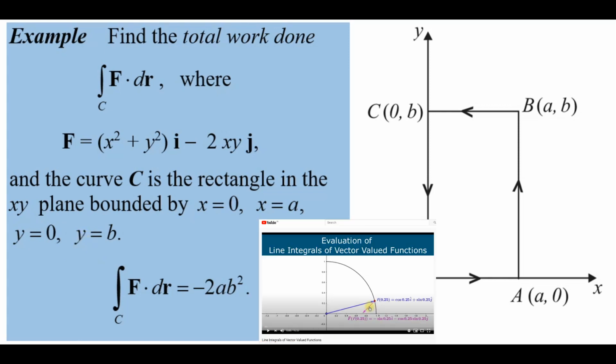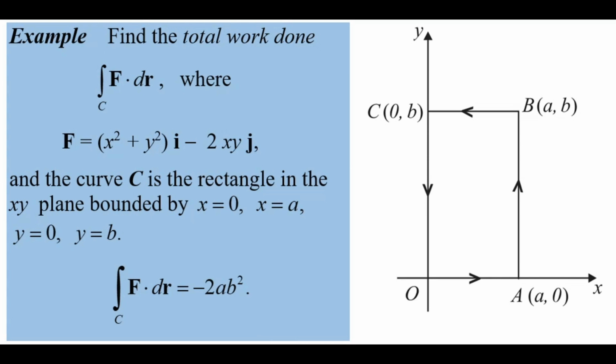In the video, line integrals of vector valued functions, we have seen that the integral over C of F dot dr for the given F and for the given C is -2ab². Hence, the total work done is -2ab² units.